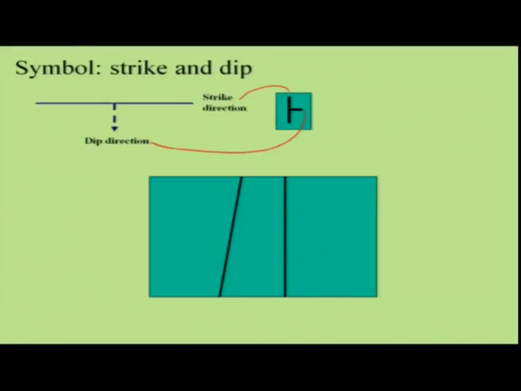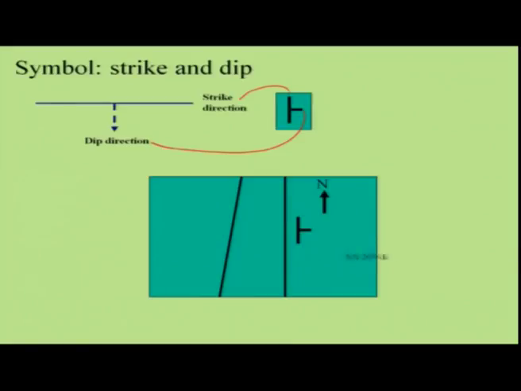Now, suppose there are two lines. This is the plan view given here, where these two lines represent the bed in the subsurface. You have north here, this is the strike of the bed, and then you are showing the dip here.